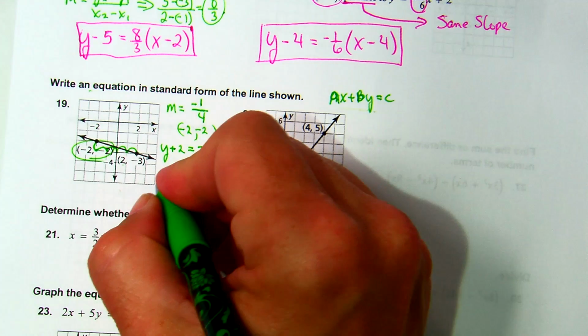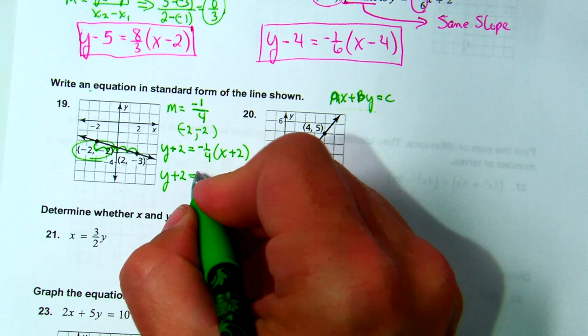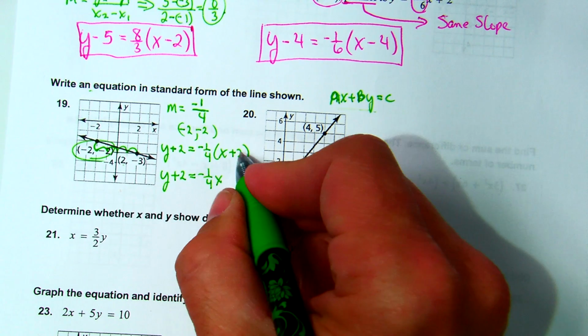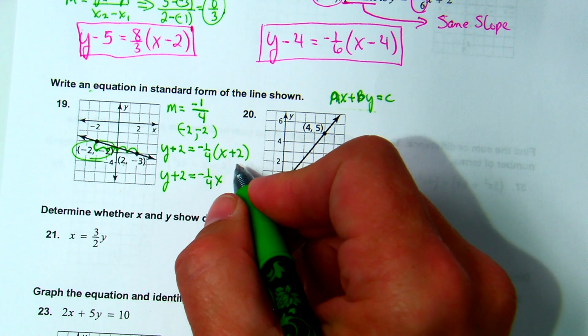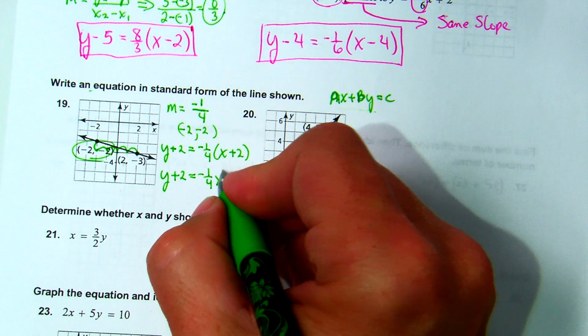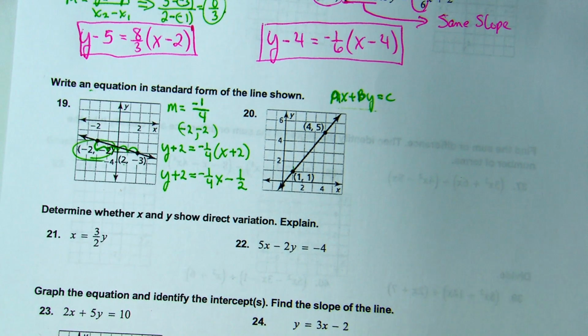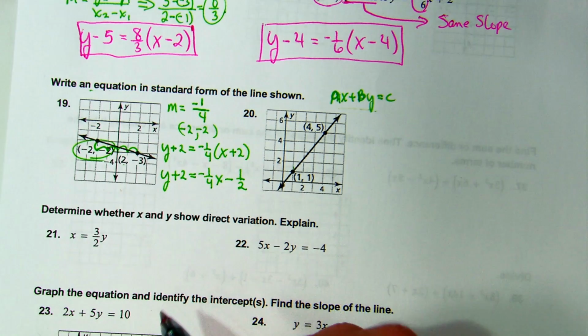I'm still going to have y plus 2 on the left, -1/4 x, and then -1/4 times 2. That'll end up being -2 over 4, which reduces to -1/2. That's just -1/4 times 2. It reduces to -1/2.